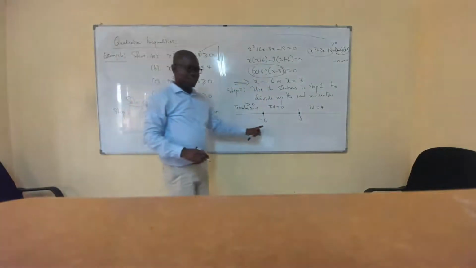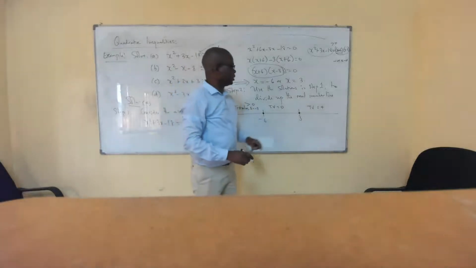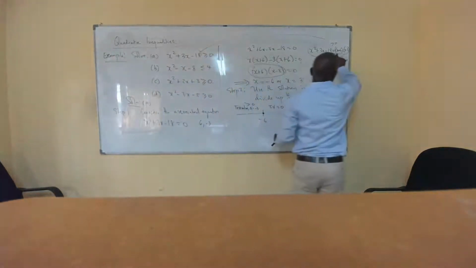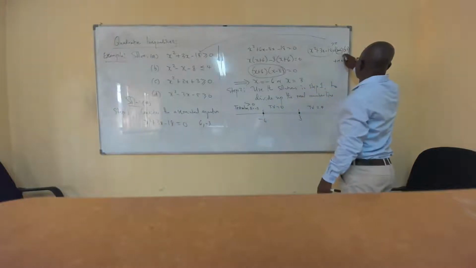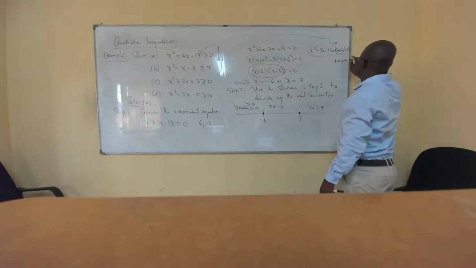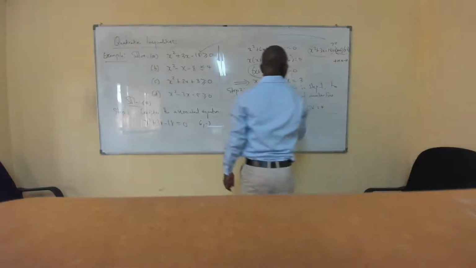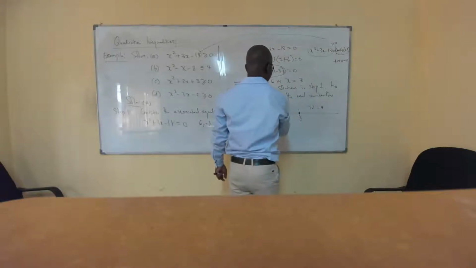Then I come to the interval between minus 6 and 3. I'm using the test value 0. The first bracket is positive. In the second bracket, 0 minus 3 is a negative number. So positive times negative means it's negative, or less than 0.